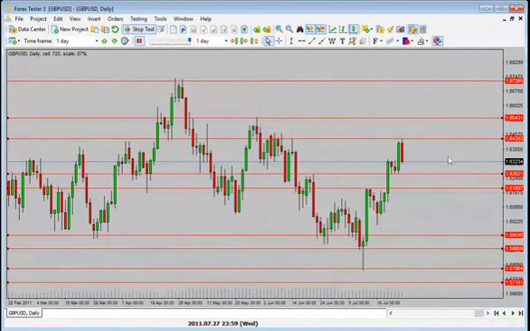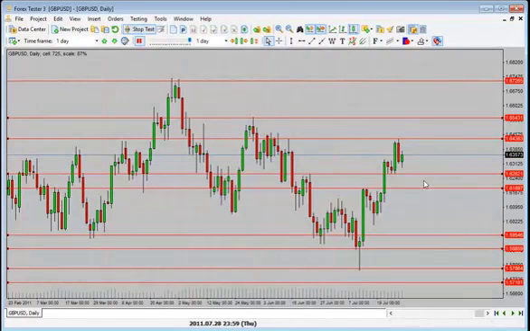Okay, so here I would look to see price go and test the high once again. If it closes below the high, then we could see it come back down. So let's take a look. Okay, we have a bullish candle close. What do we expect it to do now?